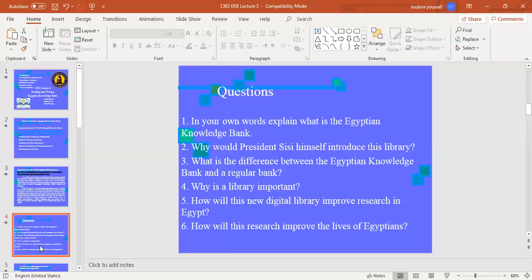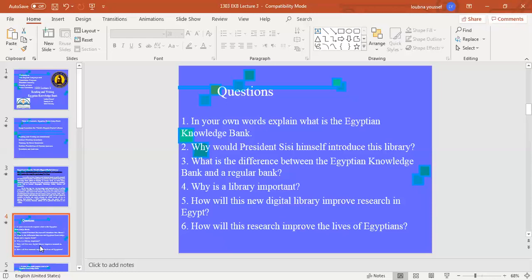Now, here we are comparing and contrasting. Why is a library important? Because, and effect. We have a library. What effect will this library have on the Egyptian people?